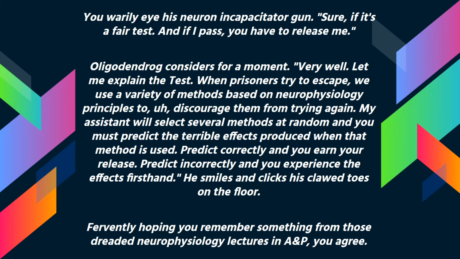My assistant will select several methods at random, and you must predict the terrible effects produced when that method is used. Predict correctly, and you earn your release. Predict incorrectly, and you experience the effects firsthand. He smiles and clicks his clawed toes on the floor. Fervently hoping you remember something from those dreaded neurophysiology lectures in A&P, you agree.